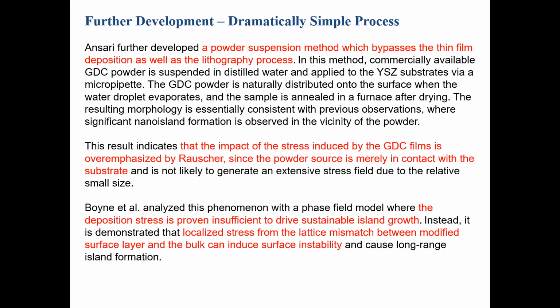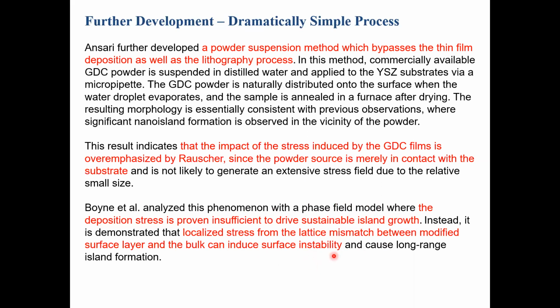In fact, some modeling was done by another student from our group, by a phase field model, a very interesting technique to do microstructure evolution modeling. The deposition stress was actually proven insufficient to drive the sustainable island growth.